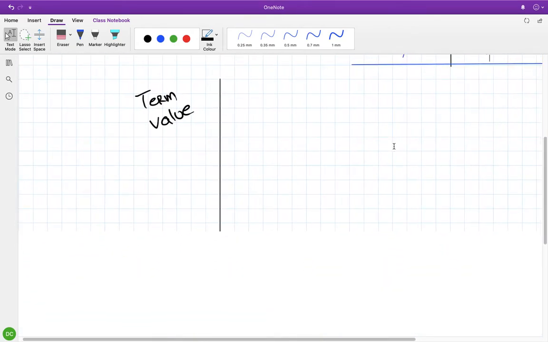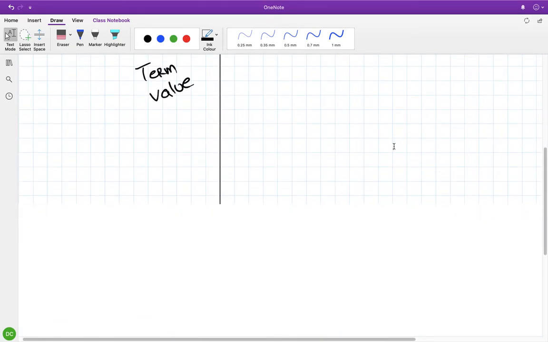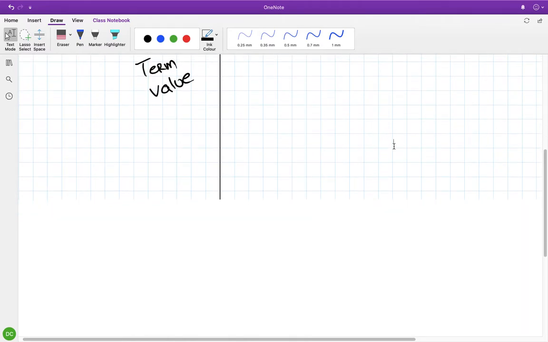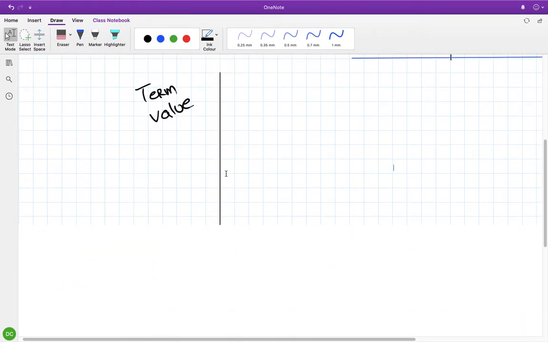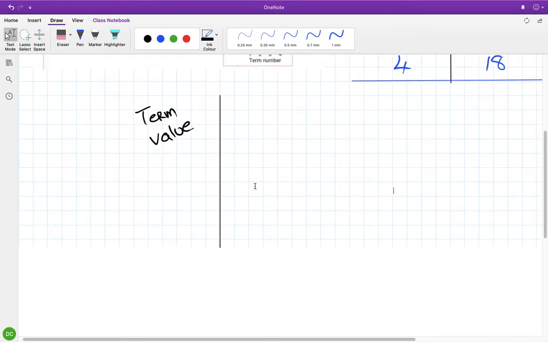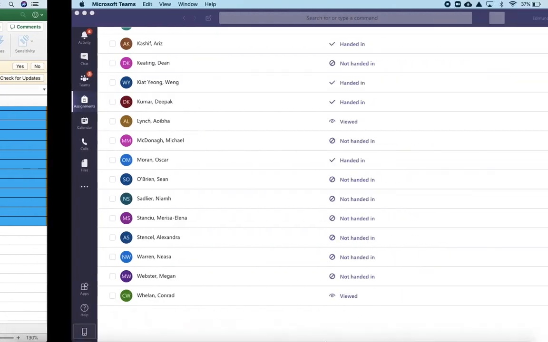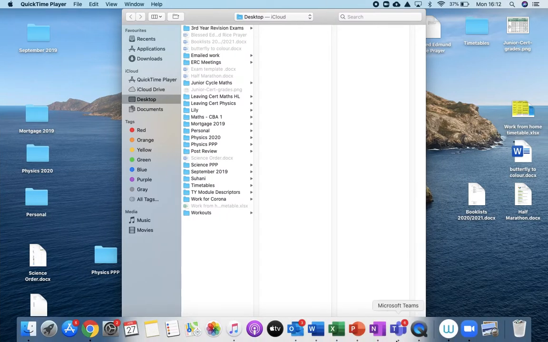Okay, so what's going on with my graph? Sorry, now I'll try and just close it and open it again and see what happens.